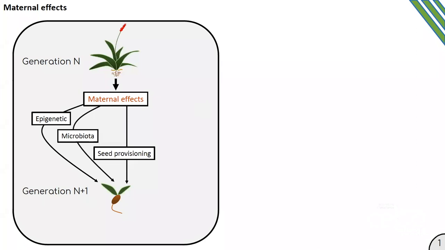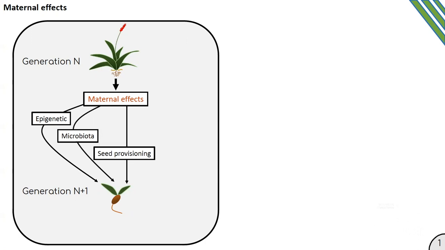So maternal effects can be defined as the causal influences of the genotype and/or the phenotype of the mothers on the phenotype of their offspring. Basically, it can be seen as a form of transgenerational plasticity. And it is really important to understand them as they have major evolutionary consequences.